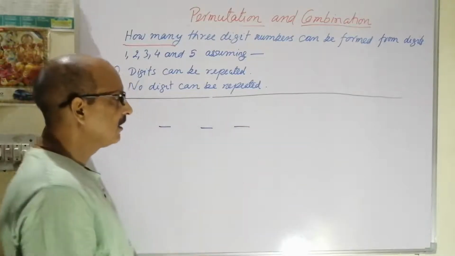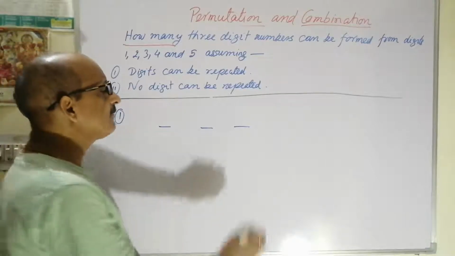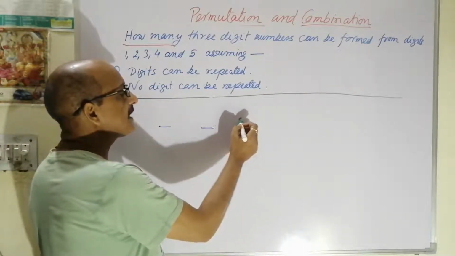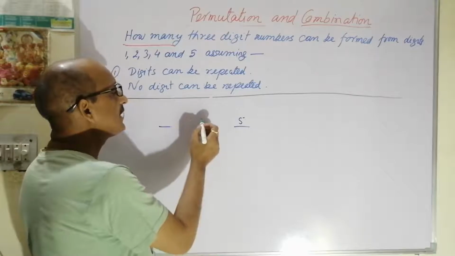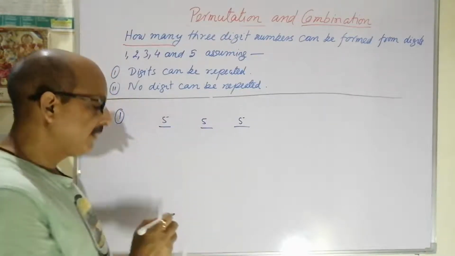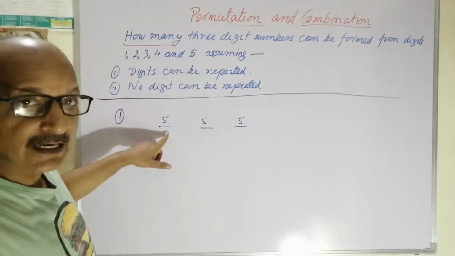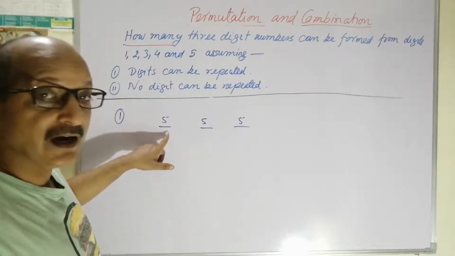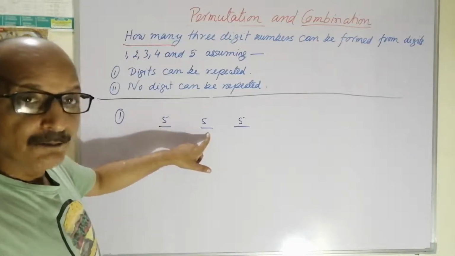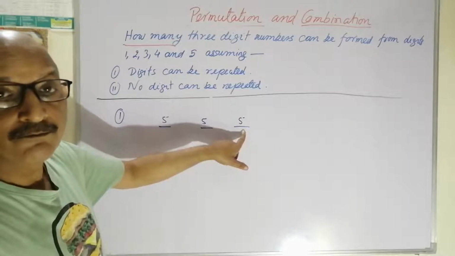Now how many numbers are there in total? 5. So we can fill the 1's digit in 5 ways, the 10's digit again in 5 ways, and the 100's digit again in 5 ways. To get a 3-digit number, the first place can be filled in 5 ways, and another place in 5 ways, and another also in 5 ways.